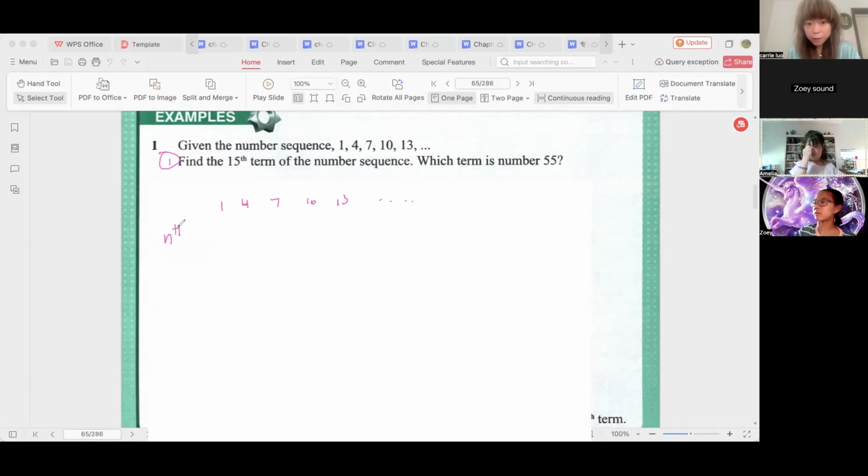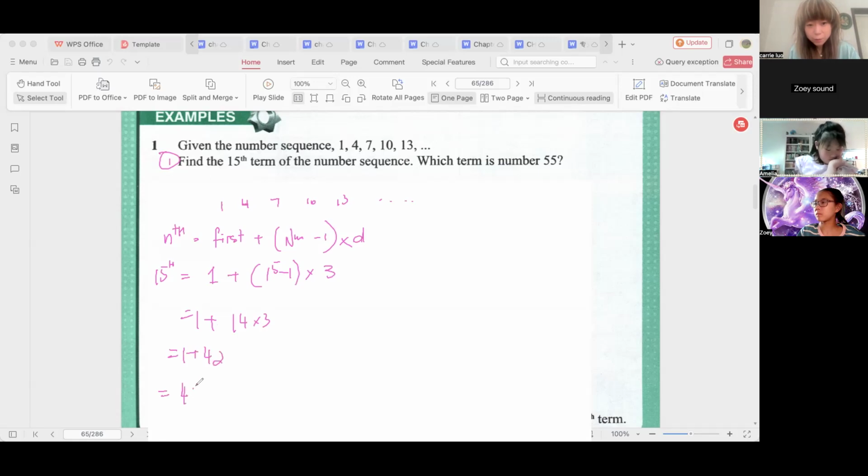The nth term equals the first term plus the number of terms minus 1 times differences, correct? So now we're going to calculate the 15th. So the first one is 1 plus 15 minus 1 times 3 equals 1 plus 14 times 3 equals 1 plus 42 equals 43. Correct?